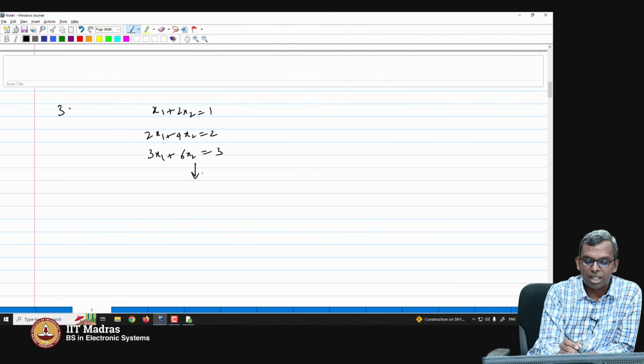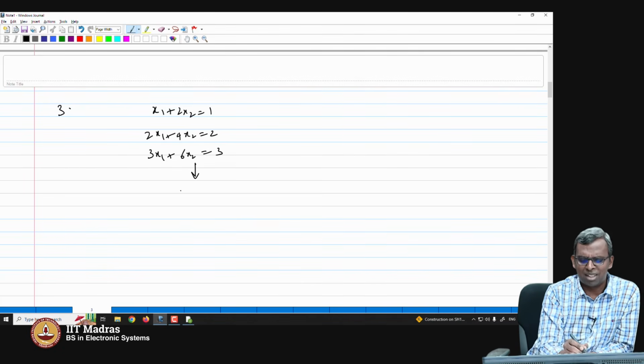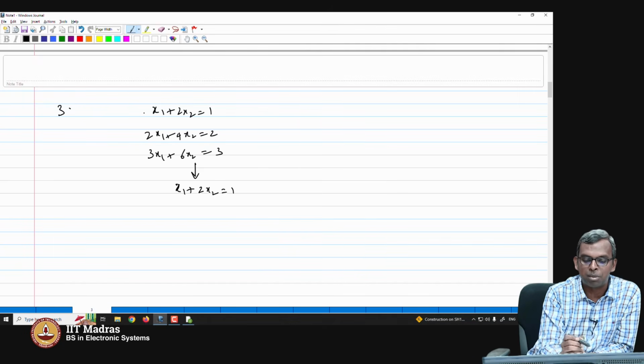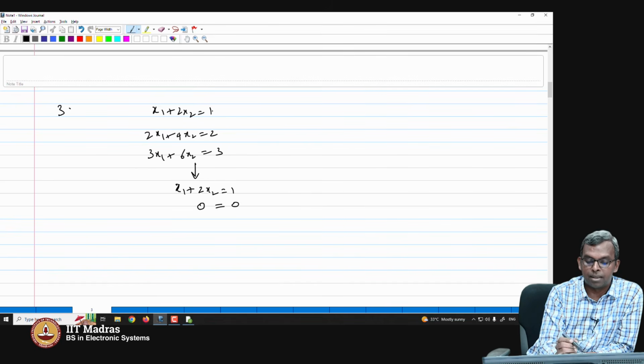If you do the elimination, I'm going to be very succinct here. I'm not going to write what the step is. Mentally, it's going to be equation 2 minus 2 times equation 1. So that will be 0 equals 0. You can check that. You get 2x1 minus 2x1, 4x2 minus 4x2 will cancel, 2 minus 2 will cancel.